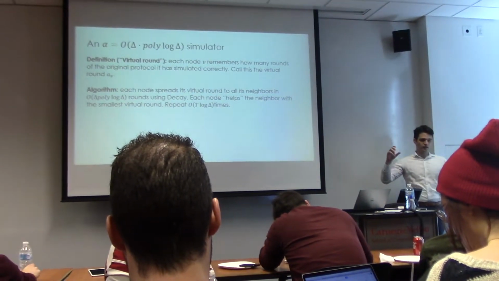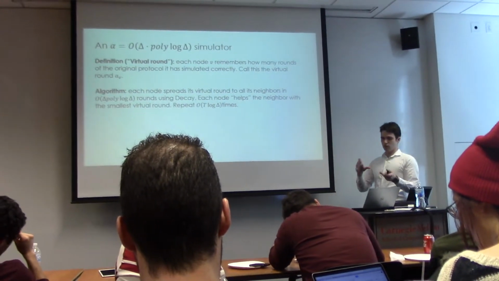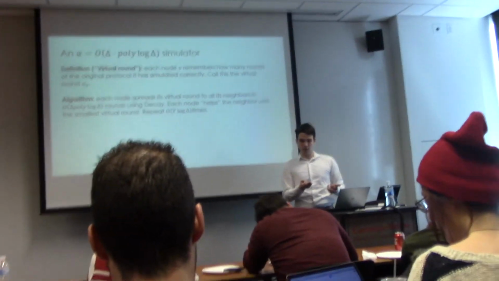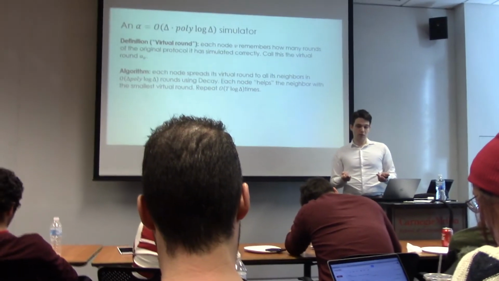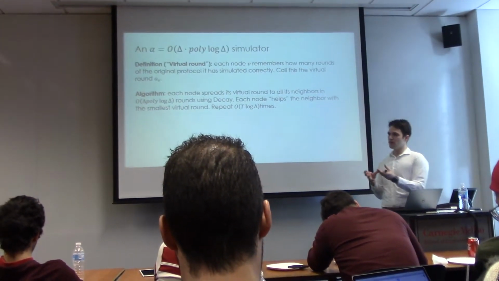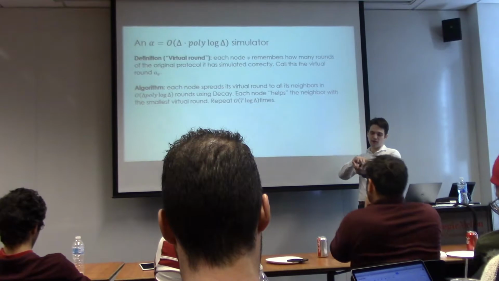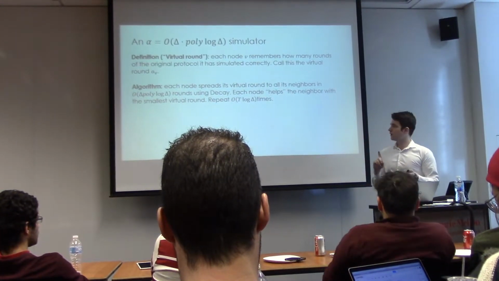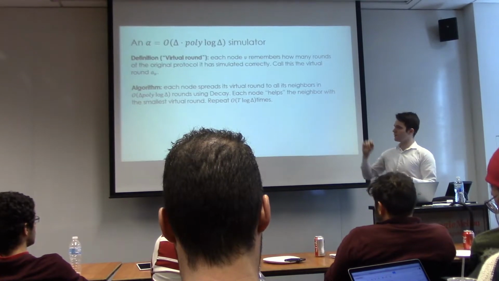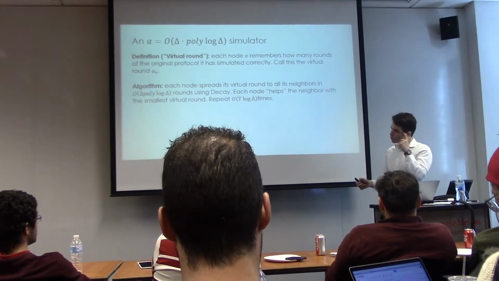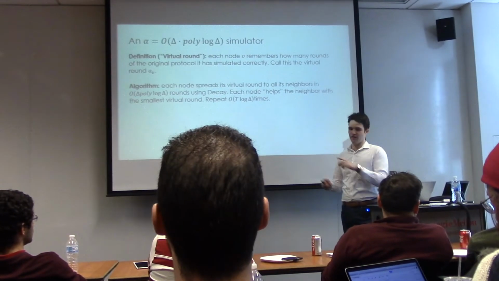Okay, so basically, one more time, what's the idea? You knowledge share your virtual round with all your neighbors, and then you help the least advanced neighbor. So let's say I'm at time t, but I see, oh my god, there is a neighbor at time 5. Let's help him. That's the idea, and we repeat some number of times. Now I want you to realize that the analysis is pretty simple.